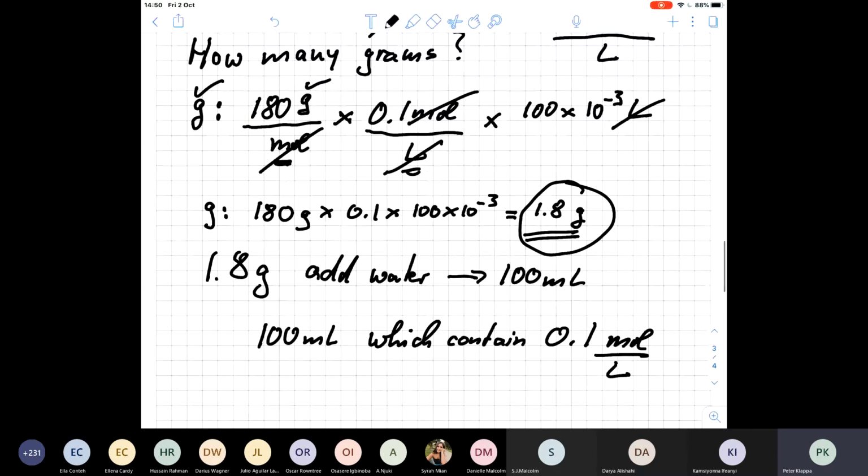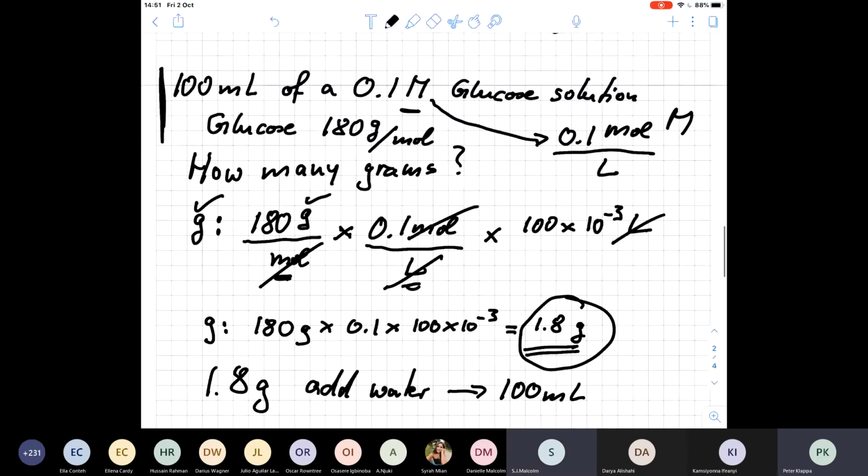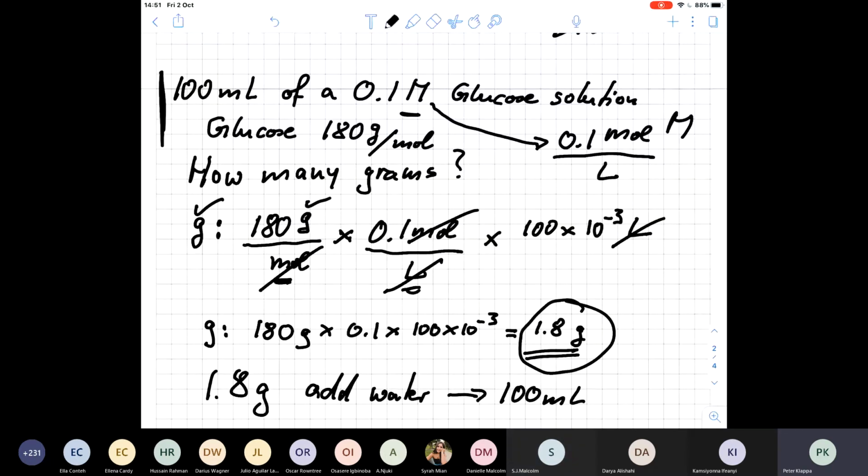And you see, with this dimensional analysis, I don't have to do any equations or anything like that. It's absolutely straightforward. And with a triangle method, you would have to use two triangles. You would have to calculate first how many moles you want, and then you would need to convert the moles into grams. So with the triangle method, you have to use two triangles, whereas with the dimensional analysis, I just do it in one go.